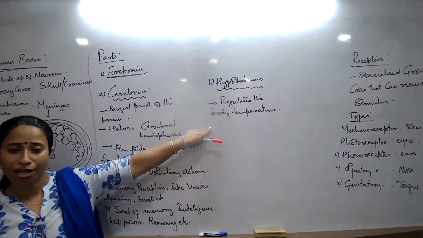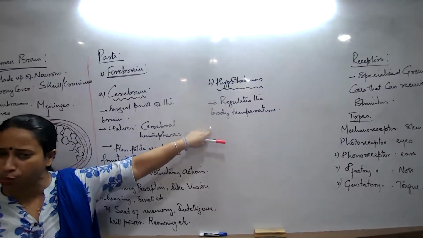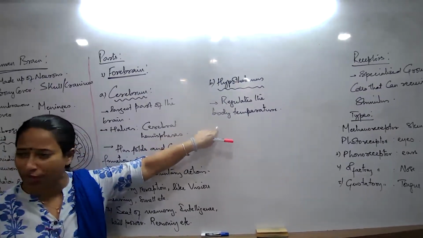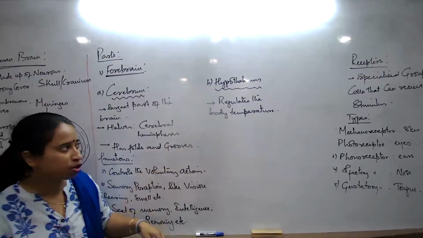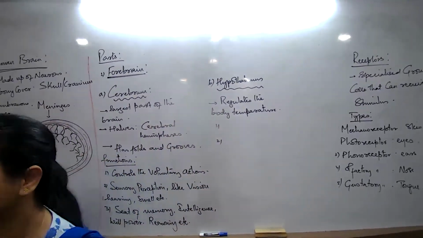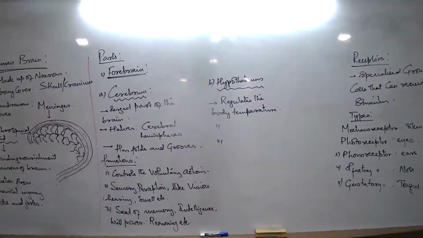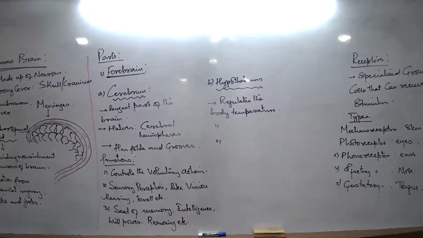So you are asked to write down the function of hypothalamus. Which particular region regulates body temperature? Hypothalamus regulates the body temperature. How? You just write down these two points here very fast. Hypothalamus regulates, this is the function you should know. How also you should know. Hypothalamus regulates body temperature by two pathways.